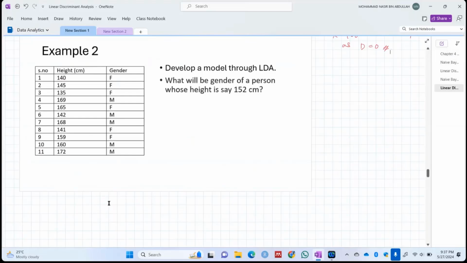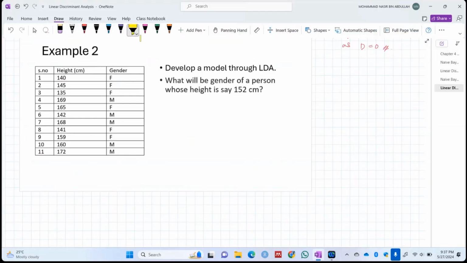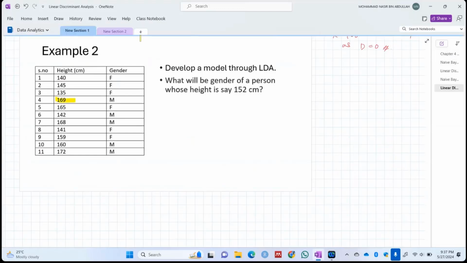In example number 2, it's the same concept. We have one observation, one predictor. Let's highlight this so we can easily calculate the value.